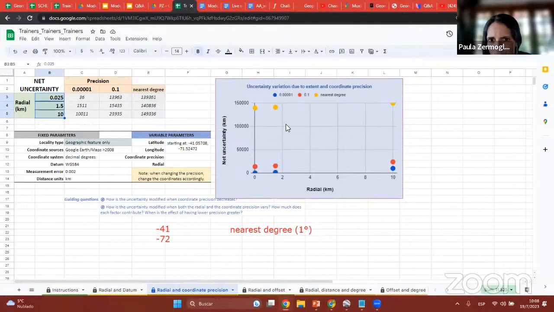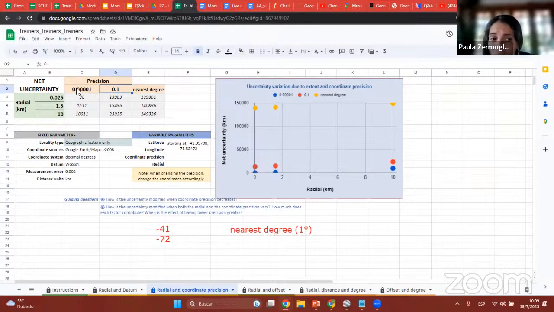That's for any precision. And then what we can see is that when we change precision here, so for a given radial, if we change the precision, we go to less precise, the uncertainty changes a lot. So when we move from 5 decimal places to 1 decimal place, we have a change.